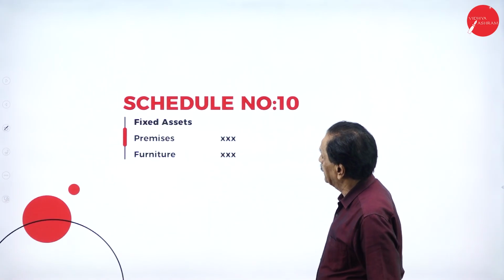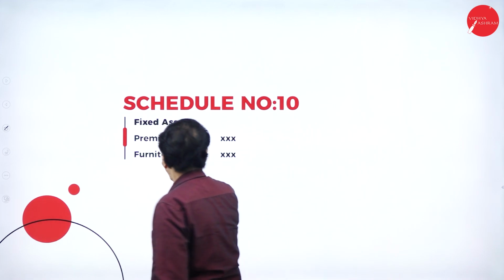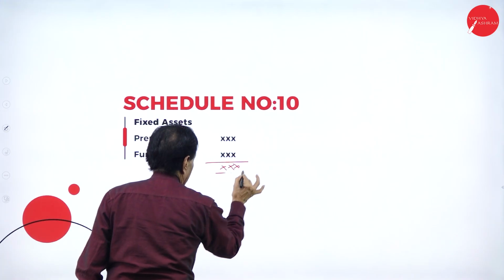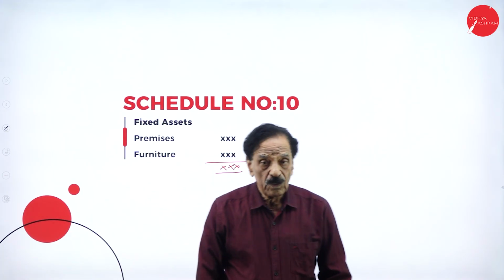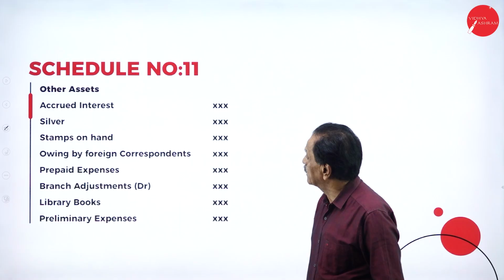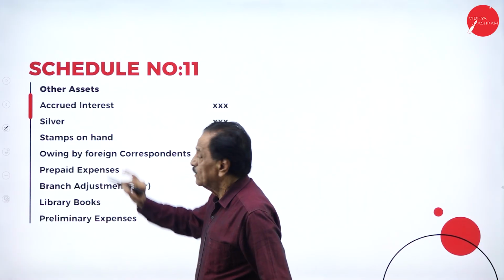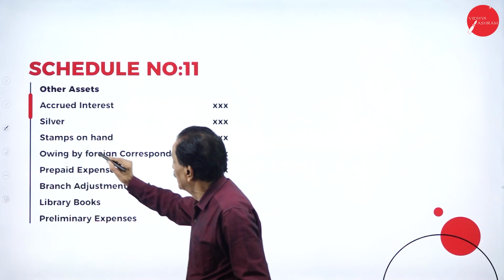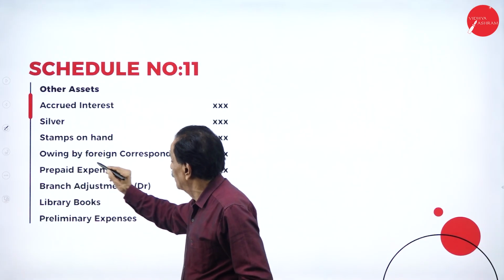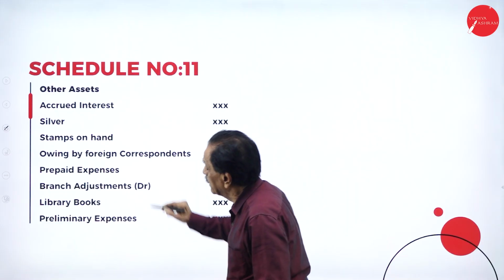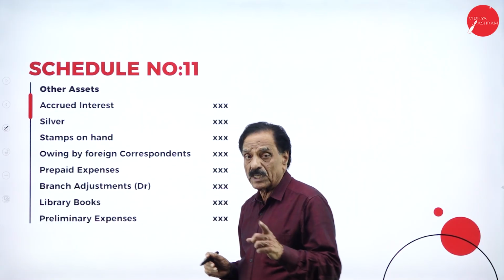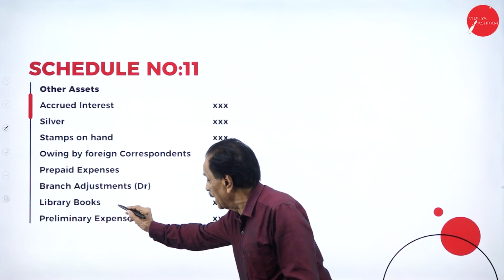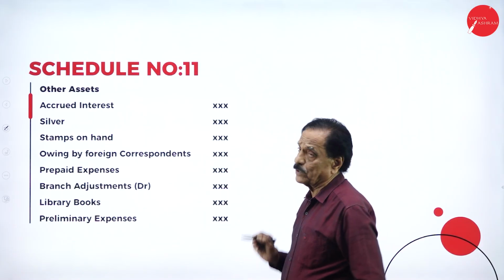Then schedule number 10, fixed assets: premises, furniture. Schedule number 11, other assets: accrued interest, silver, gold, investment, other assets, stamps on hand, owing by foreign correspondents, prepaid expenses, branch adjustment (debit is other asset, credit is other liability), library books and preliminary expenses.